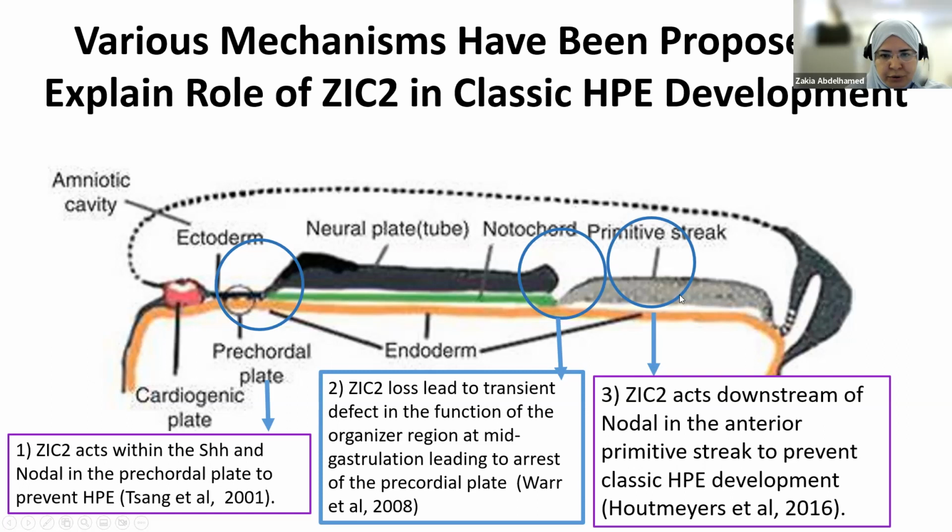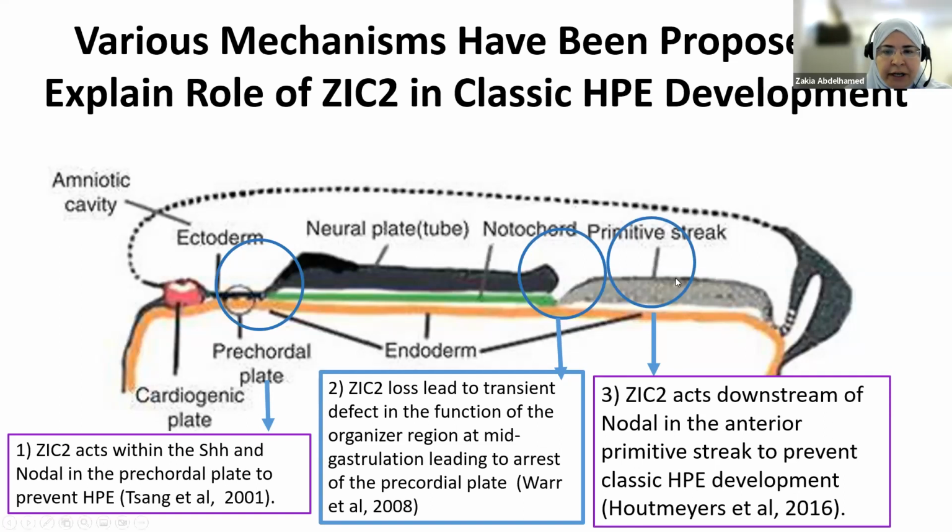Later on, another group showed that it is even earlier, in the primitive streak stage, where all the cells of the prechordal plate are initiated. They initiate here and migrate all the way until they reach the most cranial end of the embryo, below the developing forebrain.